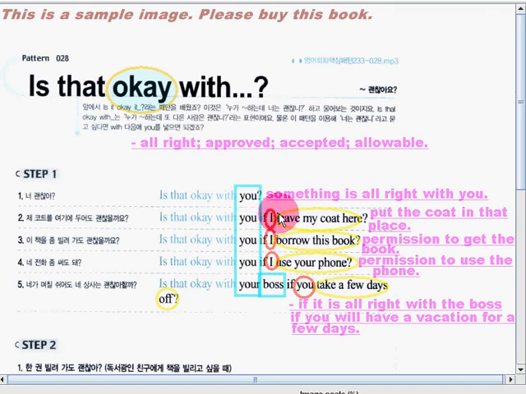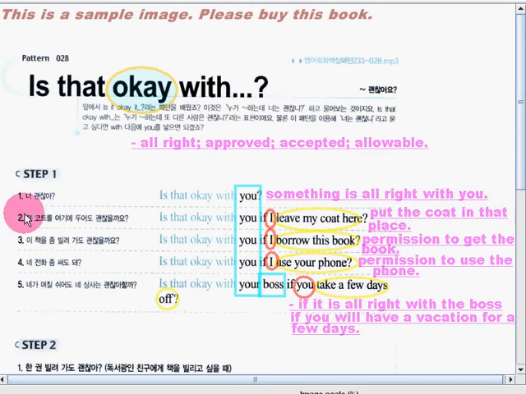You are asking permission if your action is acceptable to this person, you. Is that okay with you if I leave my coat here? You're asking permission if it is okay or alright to put the coat in that place.